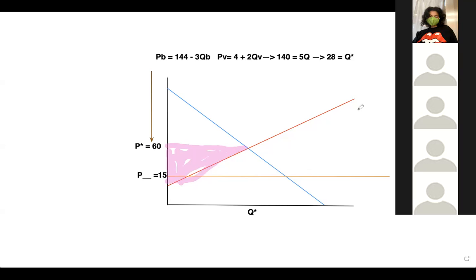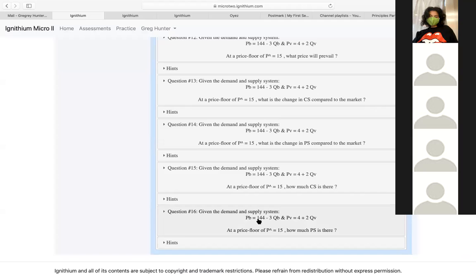So let's go back to the question here. And it says, how much producer surplus is there? Well, this should just match up with the regular producer surplus, right? Because this price floor is non-binding. So it doesn't affect anything.